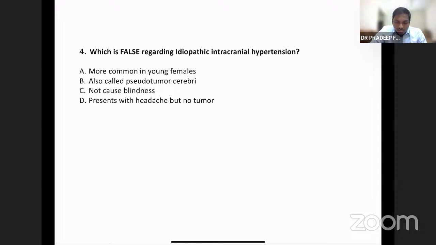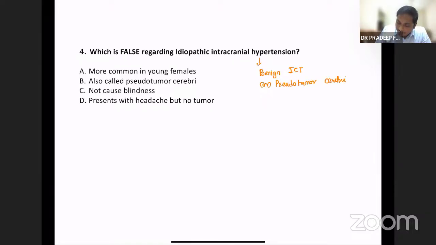So this idiopathic intracranial hypertension is otherwise called benign intracranial hypertension, or pseudotumor cerebri. Let's discuss this first, and later we will discuss the other causes of CSF pathologies.